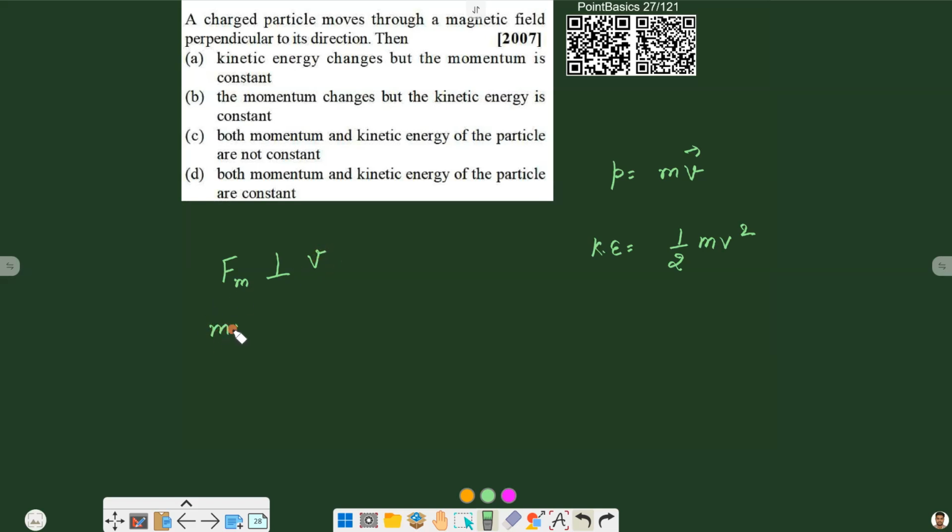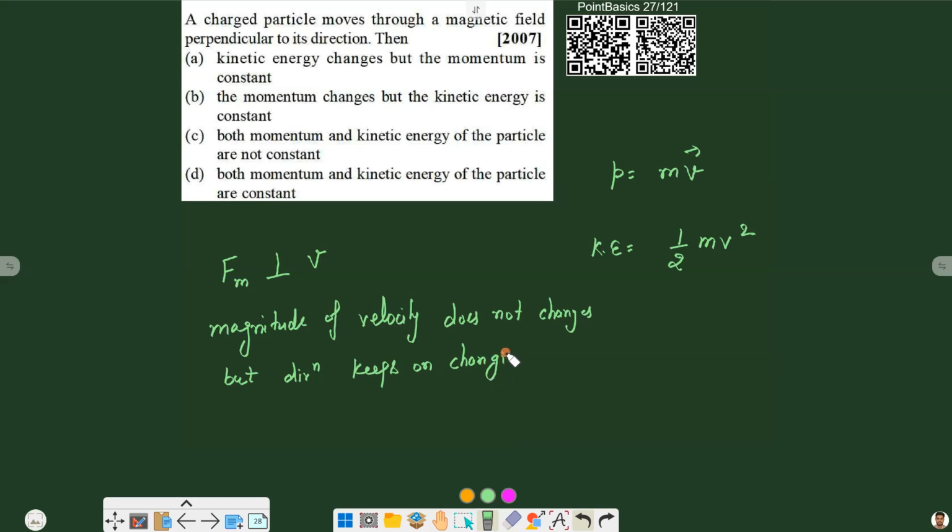That the magnitude of velocity does not change, but direction keeps on changing. So, if direction is changing, then velocity can go from positive to negative. As direction is changing, velocity can take positive to negative sign, meaning momentum will change.